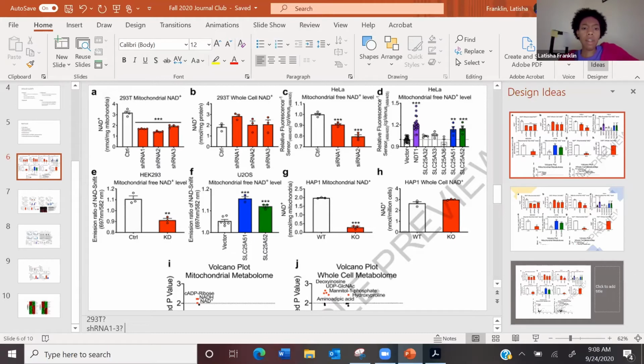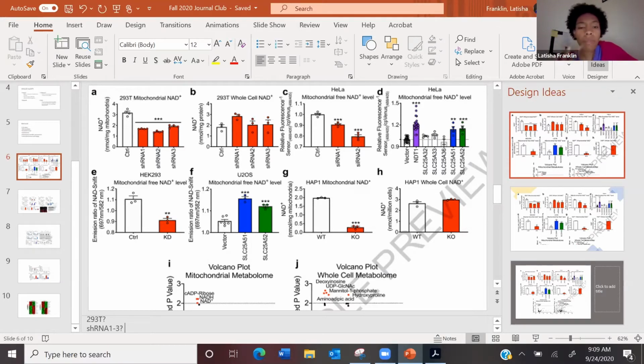In the whole cell, from what these graphs are saying, you do have more NAD in these knockdowns, but it's not statistically significant. When something isn't statistically significant, you tend to think that it's comparable to control, even though looking at this, I would say shRNA1 is a little bit higher.